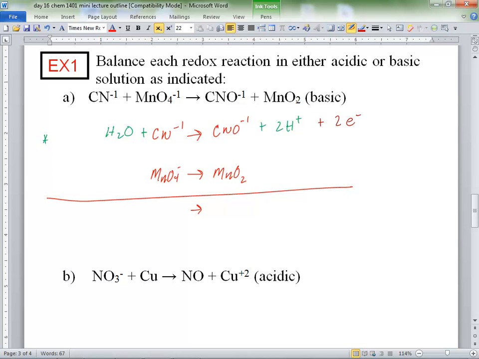Okay, so we're supposed to balance everything. I'm doing the very first step now. Balance everything but oxygen and hydrogen for this half reaction, the bottom one. Yeah, they're already balanced. And then we balance the oxygens by adding H2O.